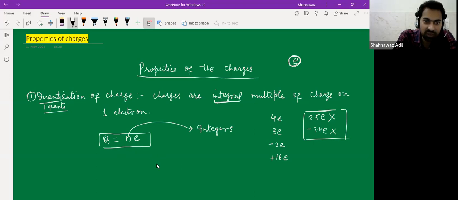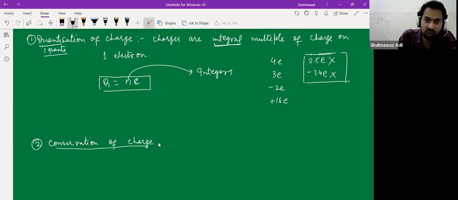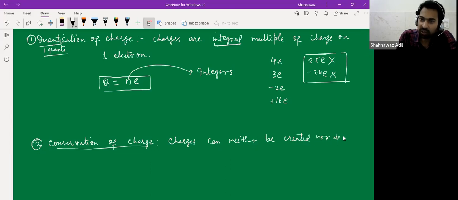And then you have the conservation of charge. What is conservation of charge? Charges can neither be created nor be destroyed.